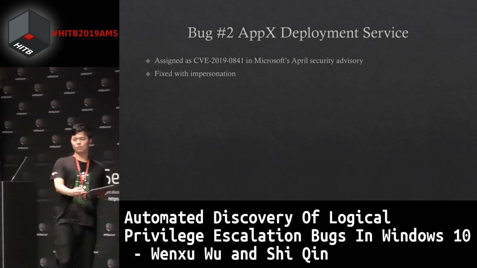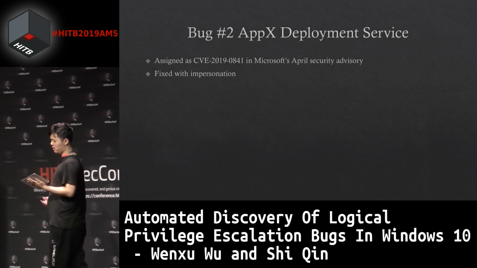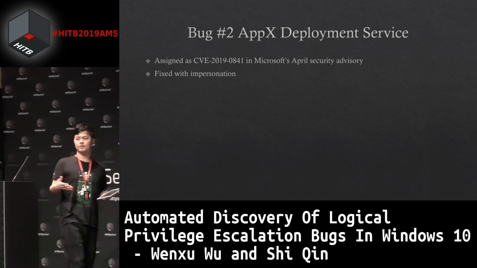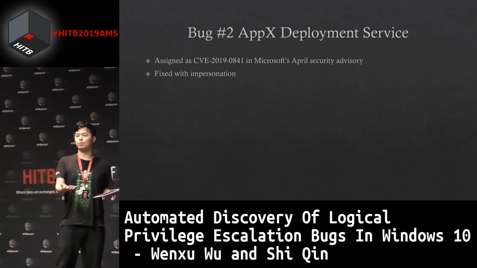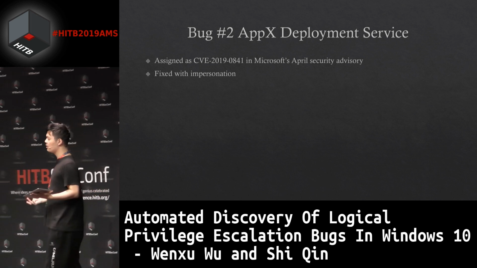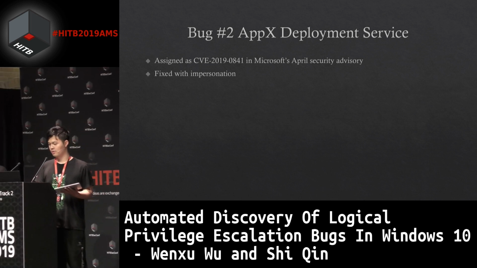It is assigned a CVE number in Microsoft's April security advisory, and the fix for this problem is very easy. Just impersonate with the current user's token so that it could only set with his own privilege.